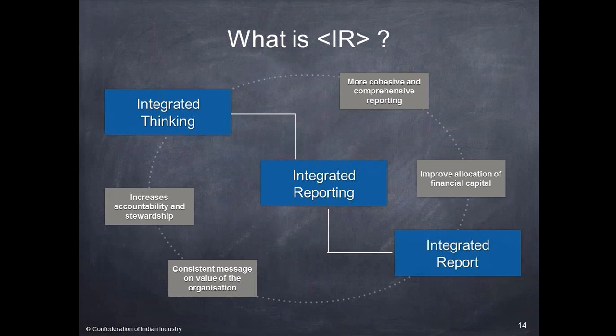And how do you get from the internal to the external manifestation of a report is the process of IR, which basically says if you do the right thing internally from the thinking perspective, it'll result in a much more clear and concise communication over time. And then the benefits of this, as you can see, on the internal side, of course, you have more accountability and stewardship. You have a concise message of the value you create across the organization.